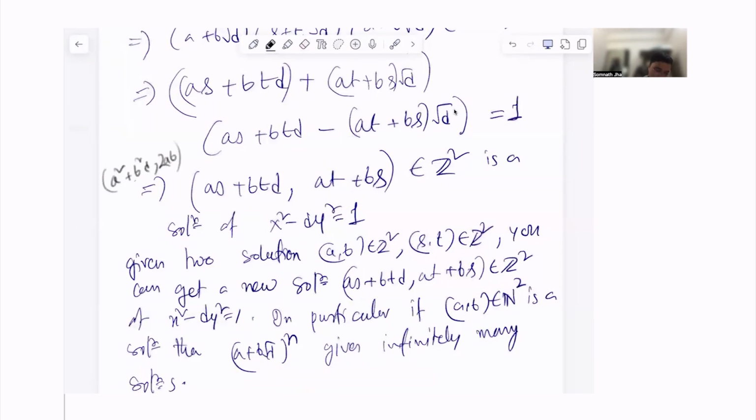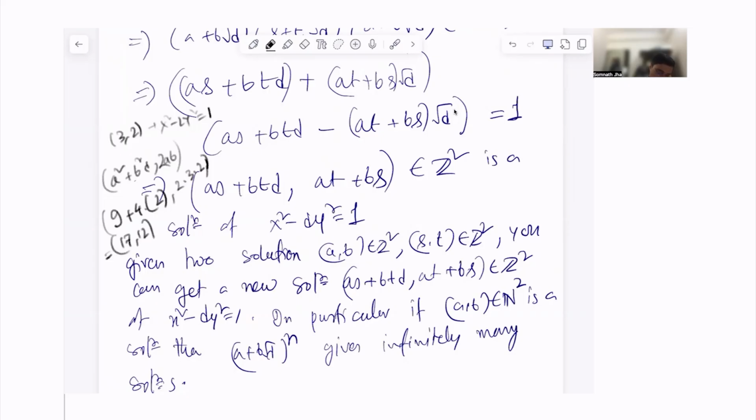For example, if (3, 2) is a solution of x² − 2y² = 1, then you'll get 9 + 4 × 2, and 2 × 3 × 2, so this is 17 and 12.